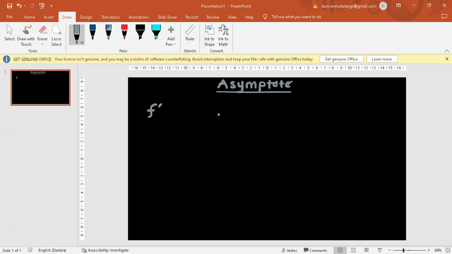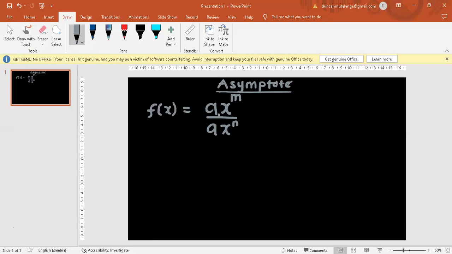If, for example, you have f of x is equal to a general function, a x to the power m, over a x to the power n, where I gave you n the last time, I believe. Now you need to check the power of x. Which one is heavy?